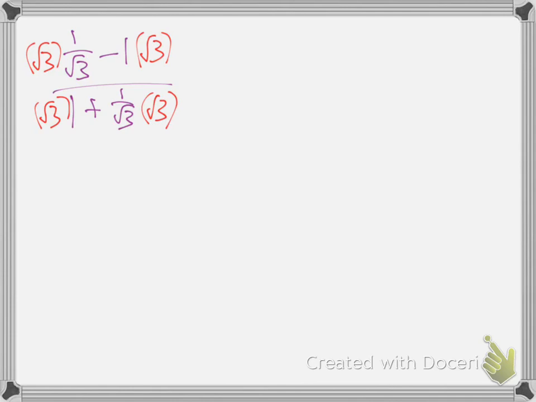That makes sense? This one's going to require a lot of cleanup. We're just getting started. This will be the first step. So, why am I doing that? Because I want to make it cleaner, get rid of those extra root 3's. Right, this is really root 3 over 1, so it cancels there. It's root 3 over 1, so it cancels there. So what does that leave me with? 1 minus root 3 over root 3 plus 1, huh?